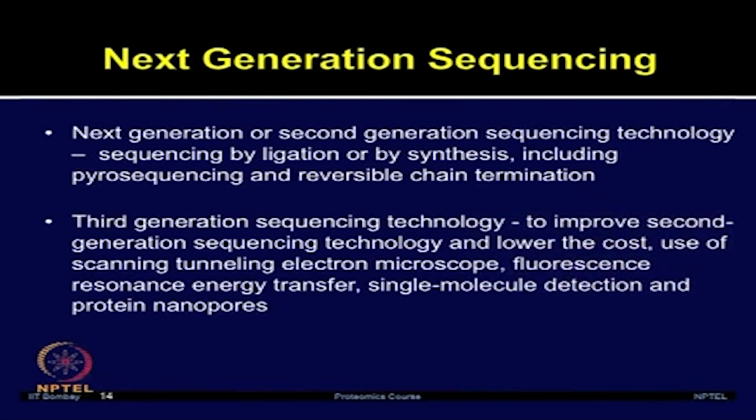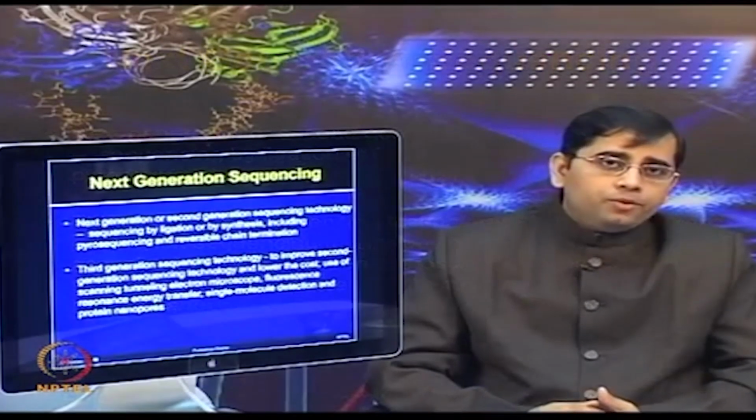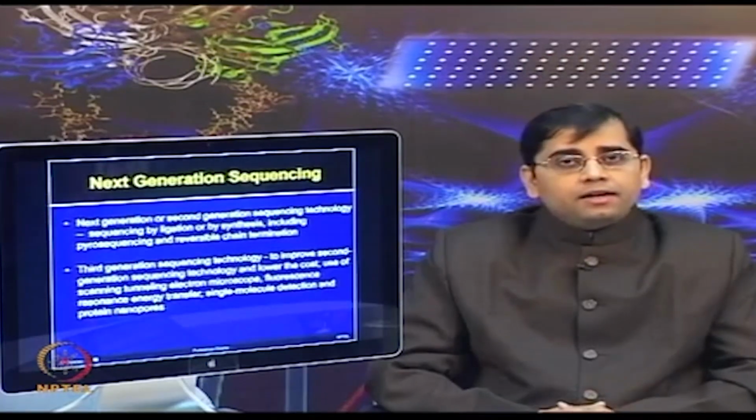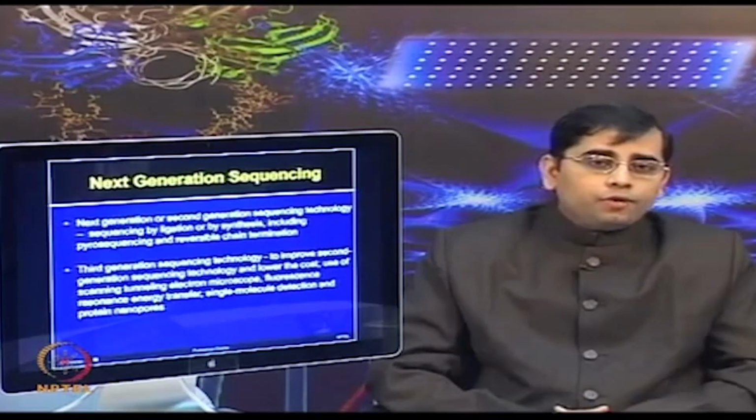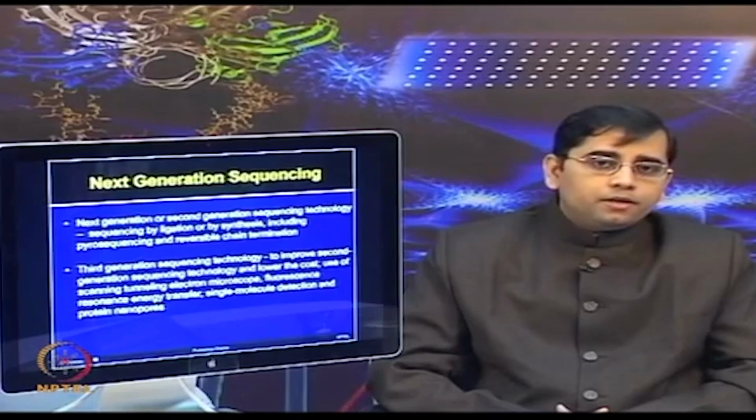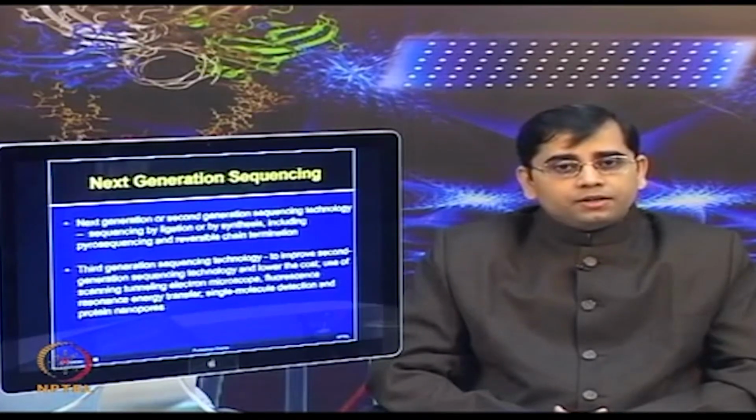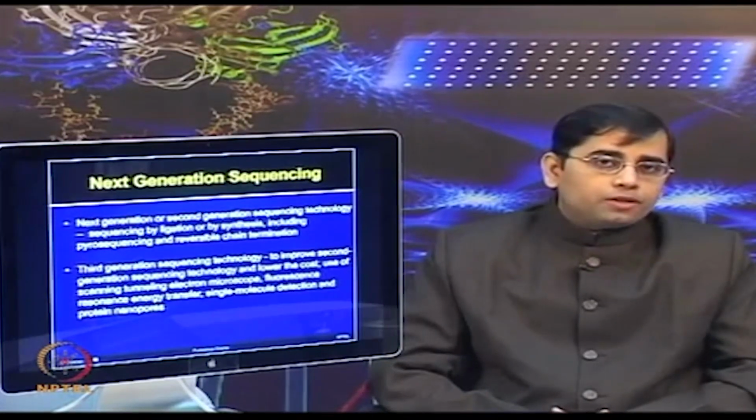An even more advanced form, third generation sequencing technology, is also in progress, which aims to further improve on second generation sequencing and lower the cost per base by using scanning tunneling electron microscopy, fluorescence resonance energy transfer, single molecule detection and protein nanopores.